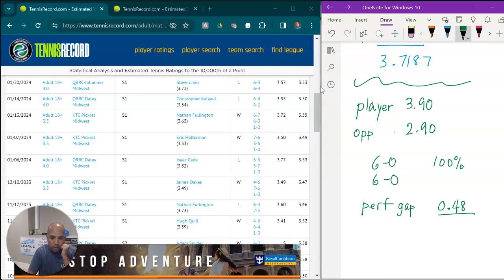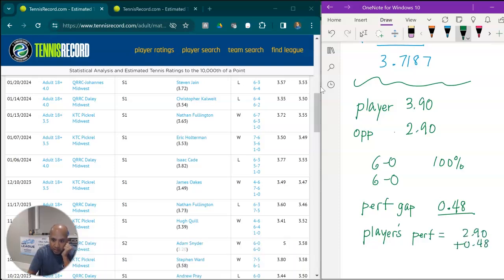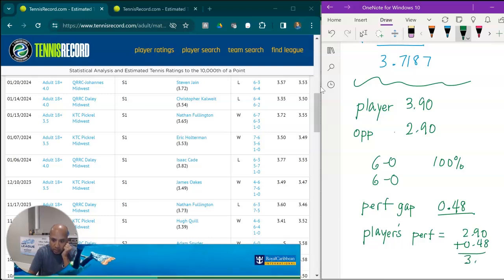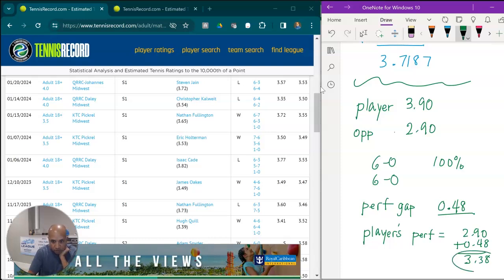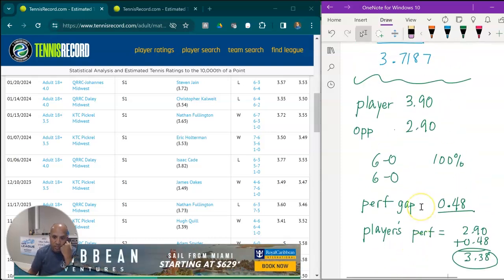That's how much better you performed than your opponent. But in this example, if we were to use that logic, then the player's performance in this match was a 2.90 plus a 0.48 equals 3.38. So if we use the normal logic, it would say that the player performed at a 3.38.